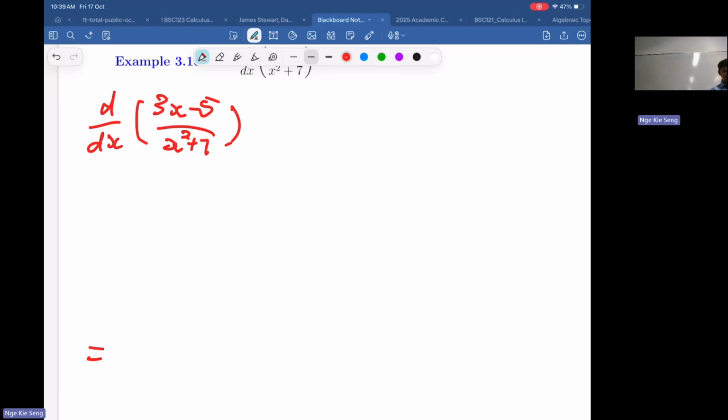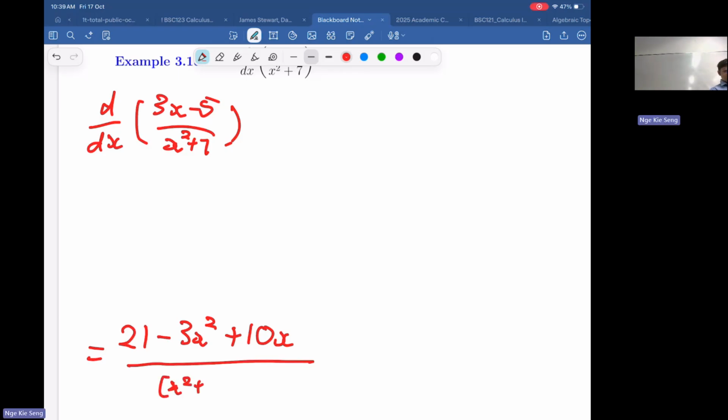You can shout your answer. Minus 21 minus 3x squared plus 10x over (x squared plus 7) squared. Everyone got this?